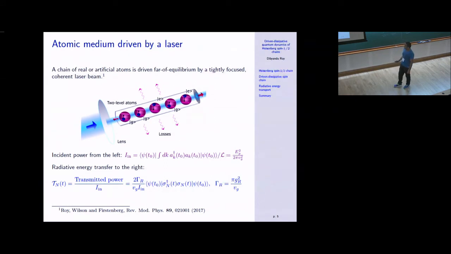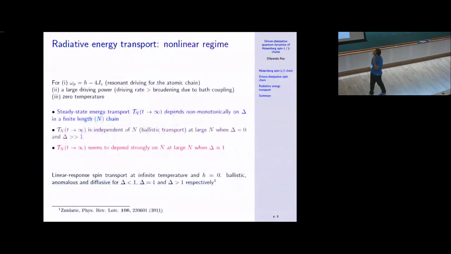Let me summarize my main result, and I will state it for a particular interesting regime. Suppose I have a resonant driving, which means the frequency of the coherent state which I am sending from the left is equal to h minus 4 Jg.